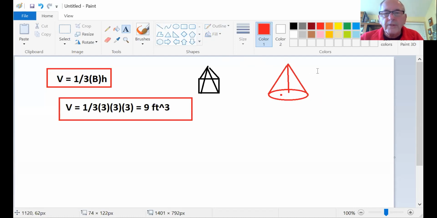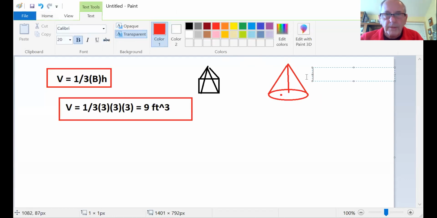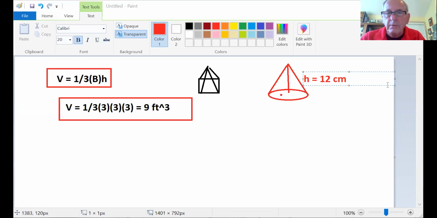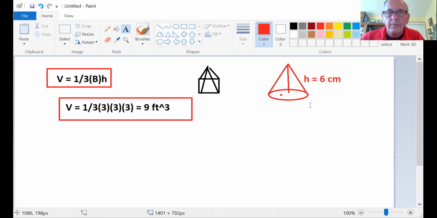And what is the height in this one? Somebody tell me what that height is. 12 centimeters. 12? Which one are we doing? Oh, I was doing the wrong one. Never mind. Okay. Looks like 6. It's 6? Okay. And what's the radius?